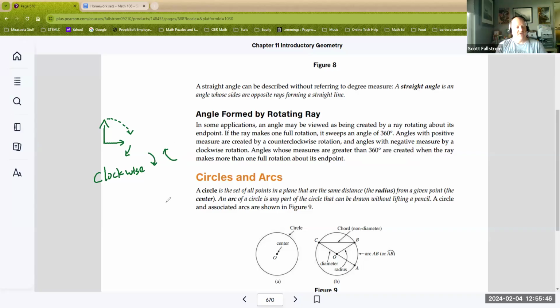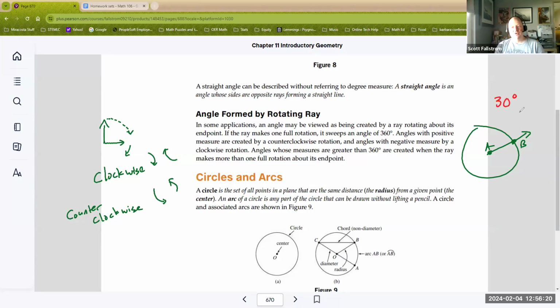If I go the other direction, so now things are going backwards, if you will, then we call this counterclockwise. So that tells you how something is rotating. And the reason that's important is if I'm talking to someone and I say I've got a ray and I'm sweeping out an angle, when I know my starting point goes from A to B, when you tell me where my next one's going to be located, I need to know which direction to turn.